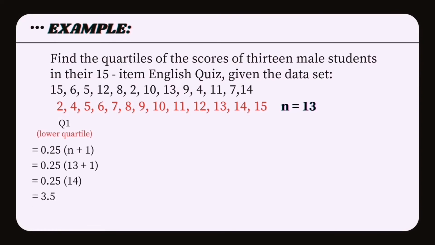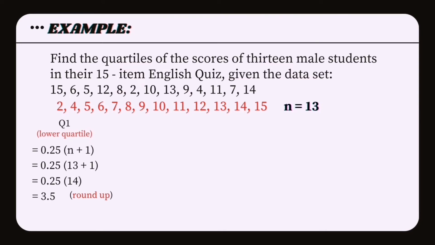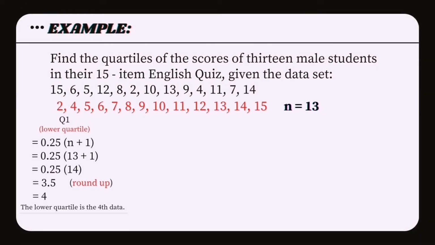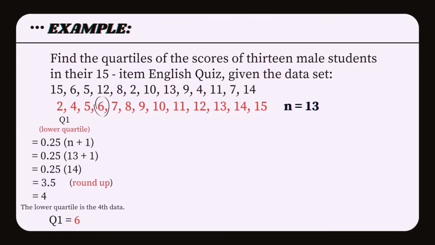Now let's proceed to the next step, which is multiplying 0.25 times 14, and the answer is 3.5. Since the rules of the lower quartile say we need to round up, our answer is 4. So our lower quartile is in the 4th position, therefore our lower quartile is equal to 6.